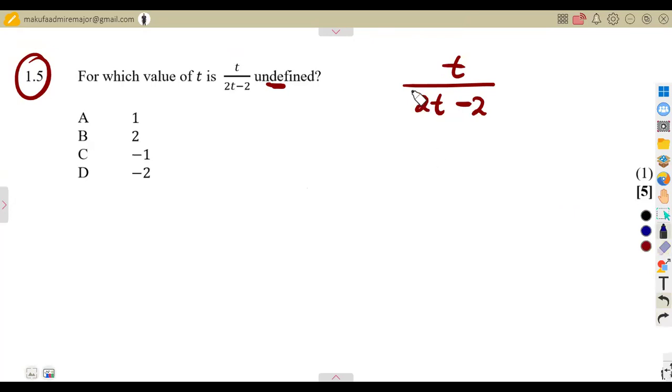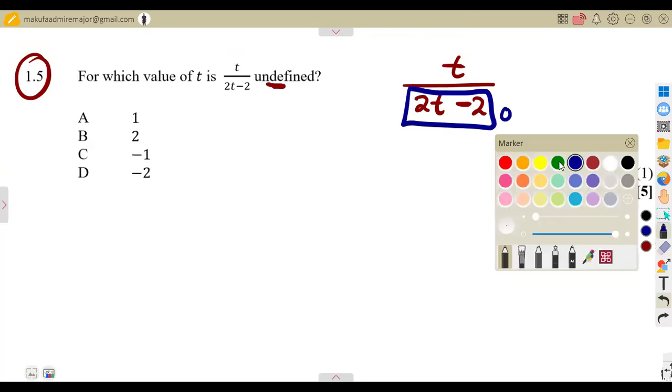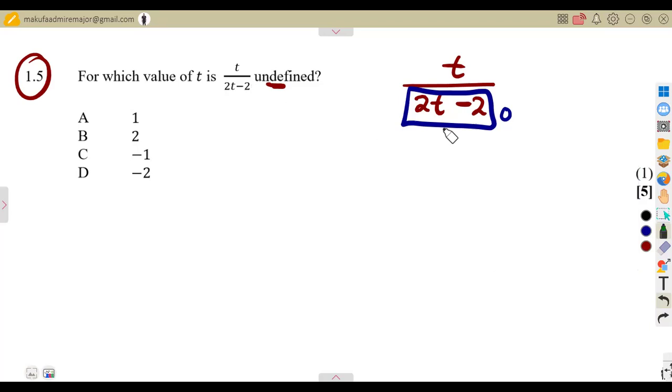So if the denominator is a 0, it means the fraction is undefined. So you're going to take your denominator and equate it to 0. For this fraction to be undefined, 2t minus 2 is supposed to be equal to 0.